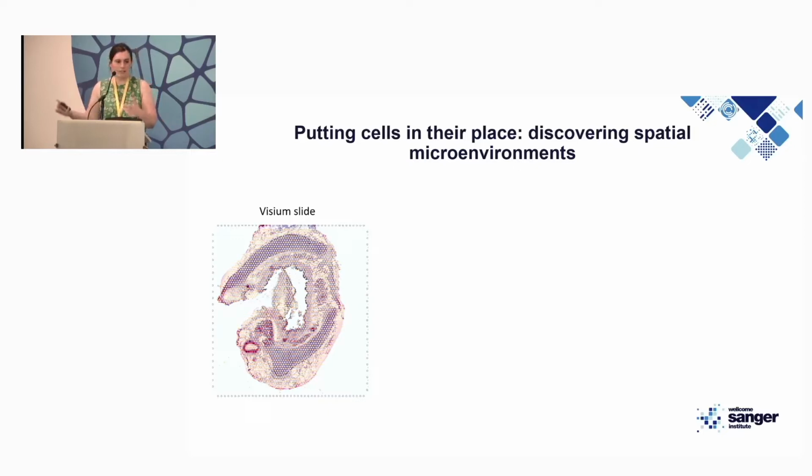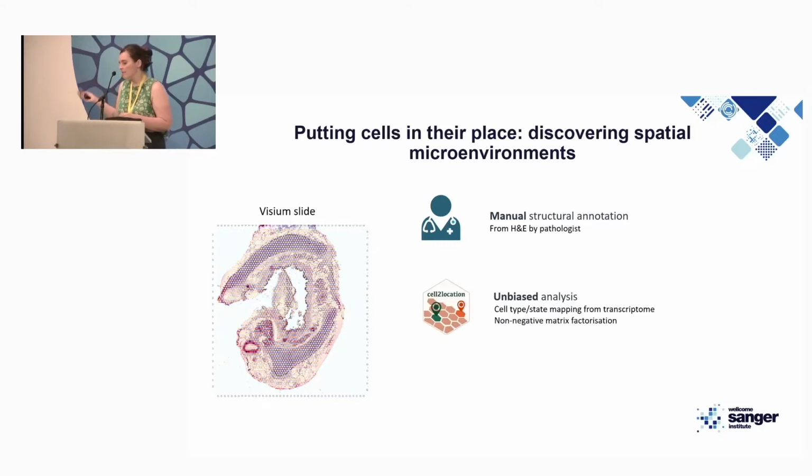Now, putting the cells in their place and discovering these spatial microenvironments. In this study, we use Visium, and this is an example of a Visium slide from the trachea, where you can see the H&E, and on top of that, we have the Visium spots. And really, with this data, we can do manual structural annotation to look at the microanatomical tissue structures and features like epithelium, glands, cartilage, muscle, things like this.